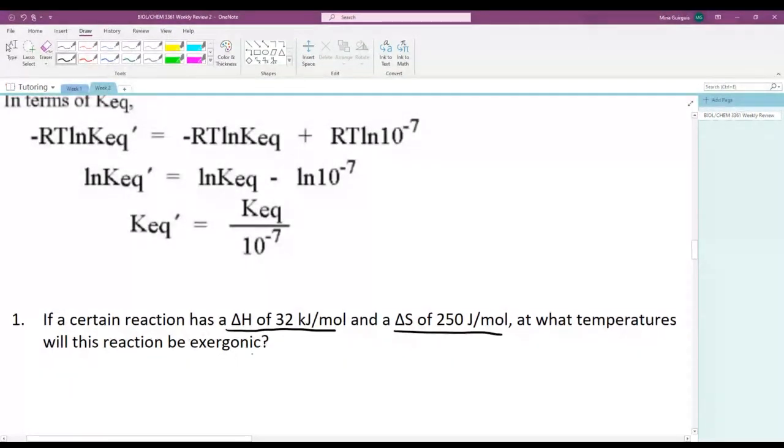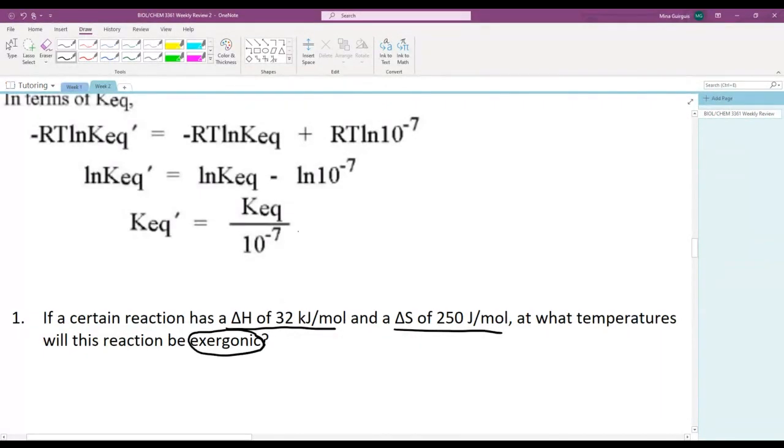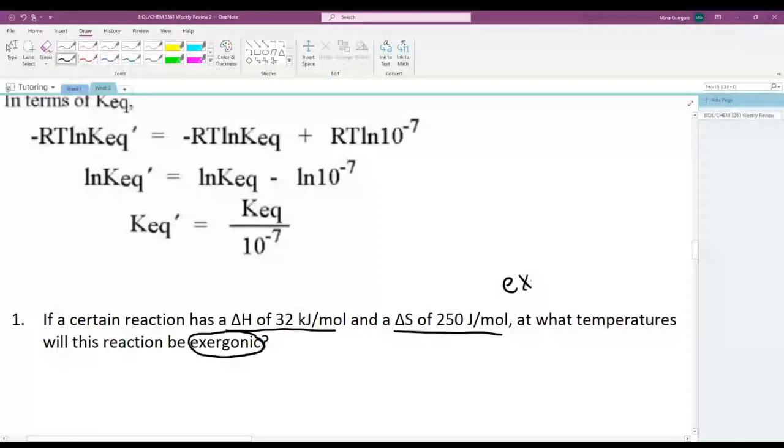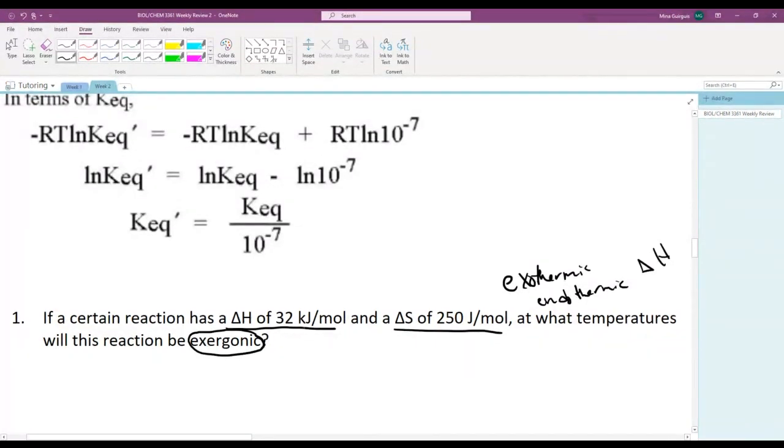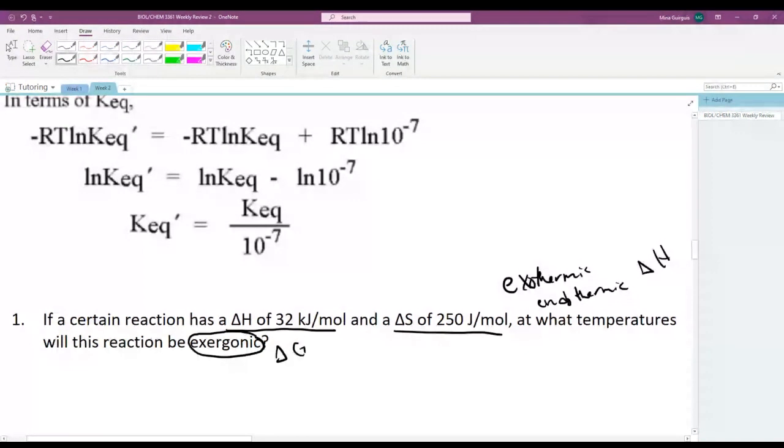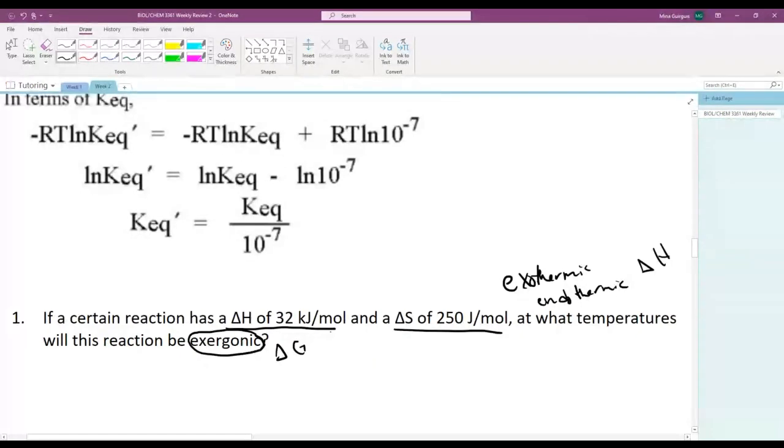Okay, so this might be a new term to some of you guys. I'm sure you guys have heard of exothermic and endothermic. Those relate to delta H. Exergonic and endergonic relate to delta G. Feel free to type this in the chat because I do want you guys to answer these questions.